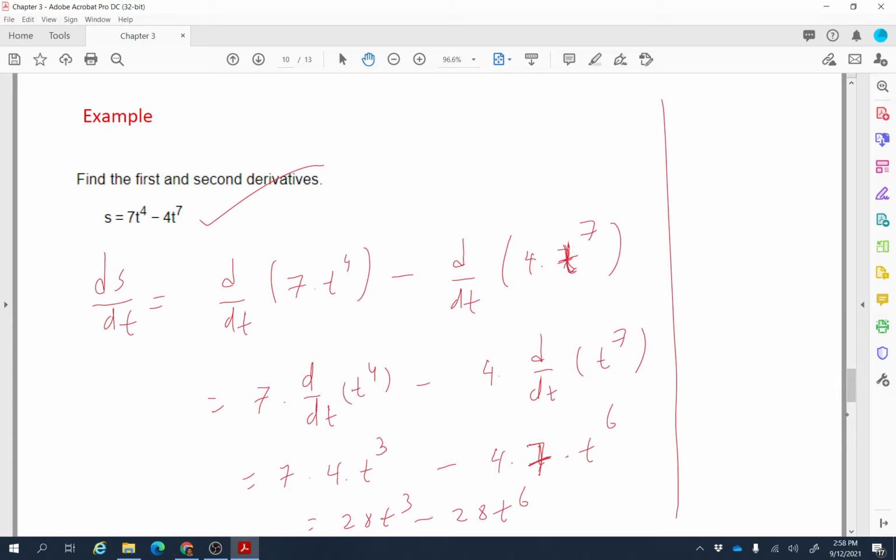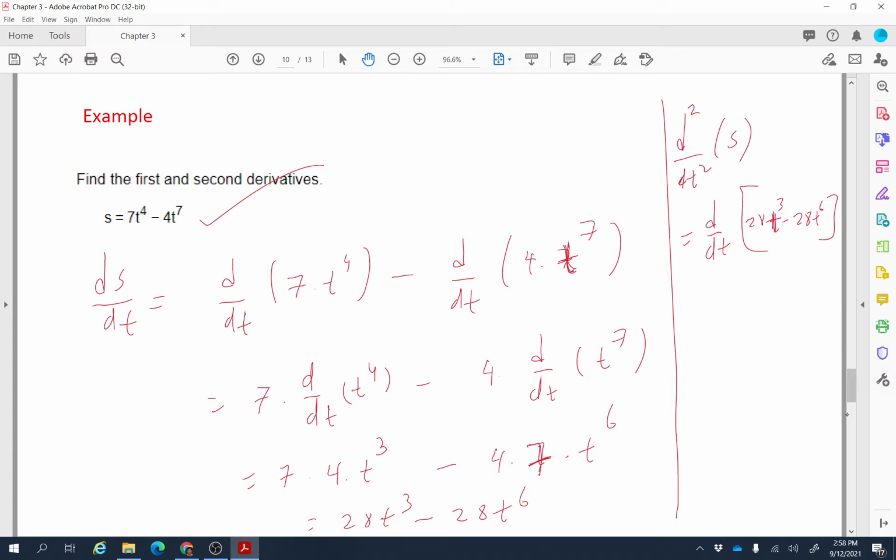Or you can write it this way, d2 over dt square. This is the notation for the second derivative with respect to time of the function s, which is actually the first derivative of this one, which is 28 t cubed minus 28 t to the power 6.